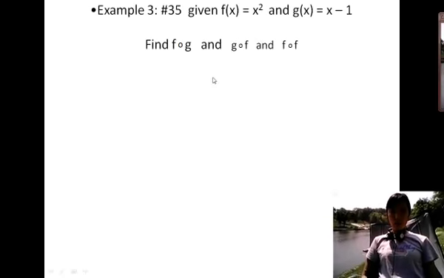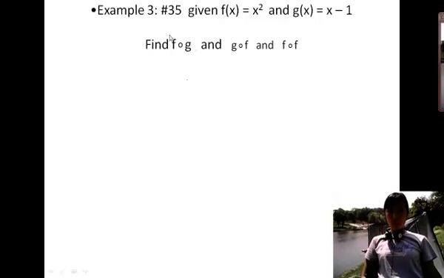Alright, so how these exactly work. They give us two functions, f and g, and they define them as you see up here. So if you wanted to find f of g of x, I'm going to rewrite it like this. That's what this is asking us for: f of g of x.